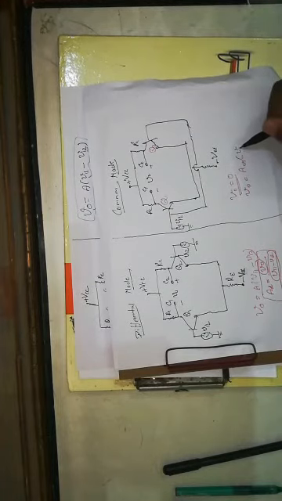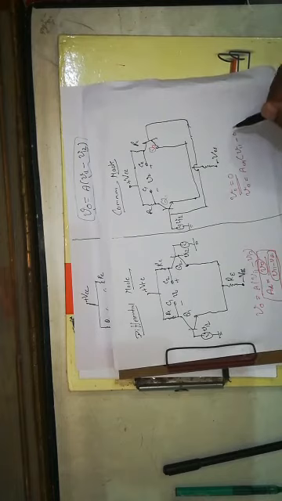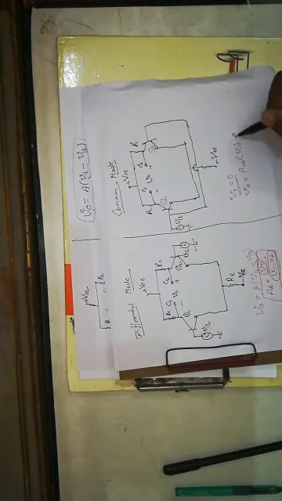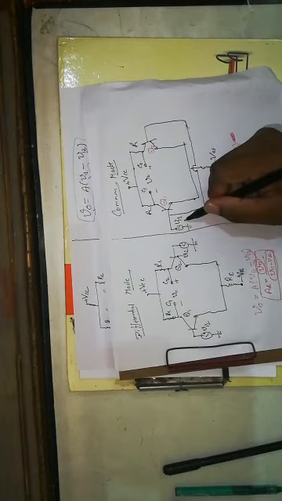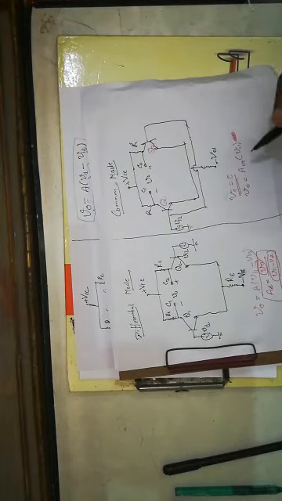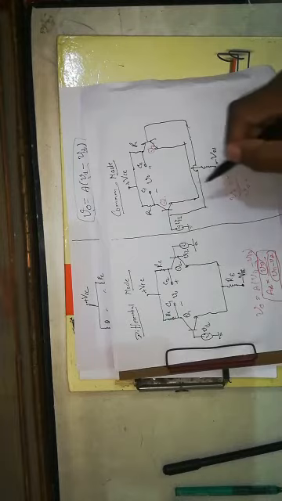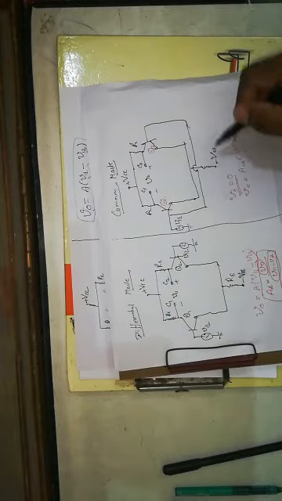The common input is vi1, because we applied the same input vi1 here. Ideally the output must be 0, because for the differential amplifier the formula is this, for the differential mode gain.